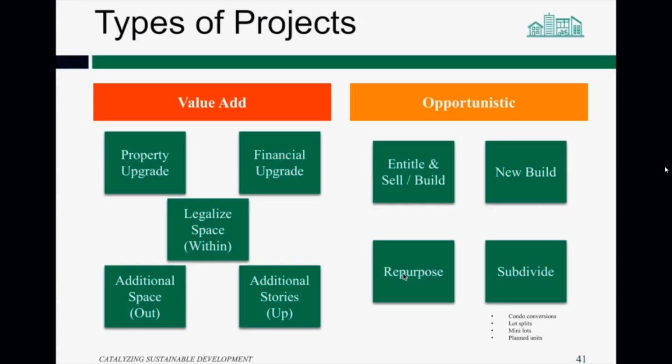So every city will have a different requirement to pursue these sorts of value add strategies, but by understanding how to actually get the approvals for some of these, you'll really be able to differentiate yourself compared to your competitors, because, for example, many times you can add space out without actually going through a more significant review process with the city before they give you your zoning approval.